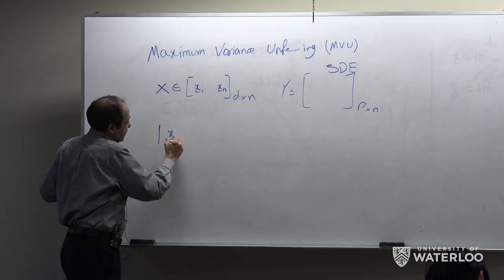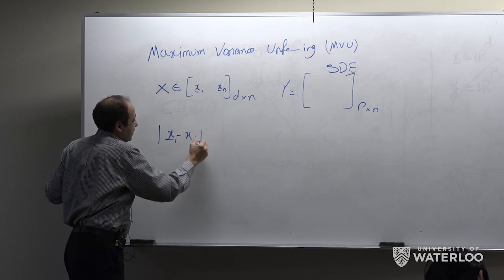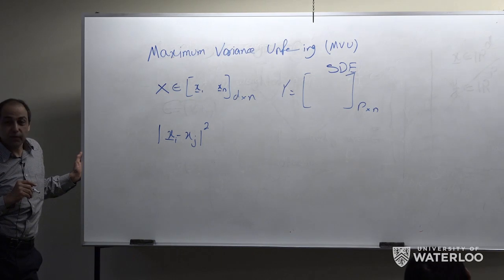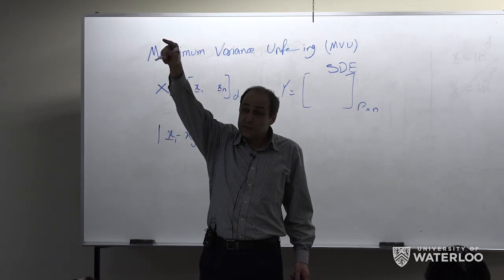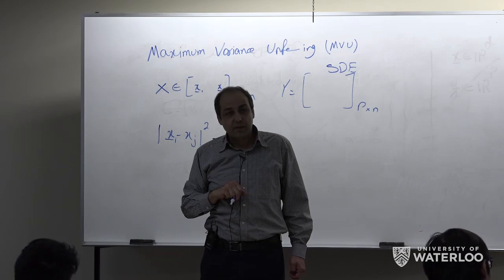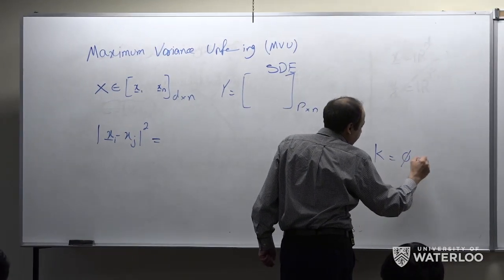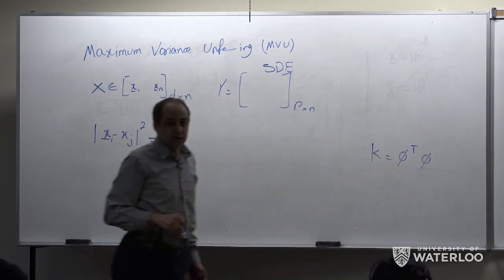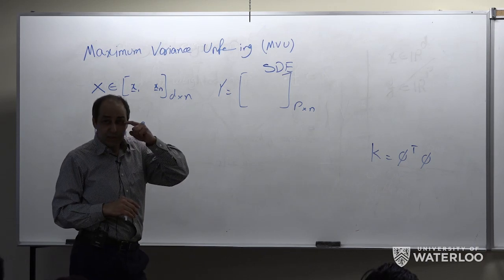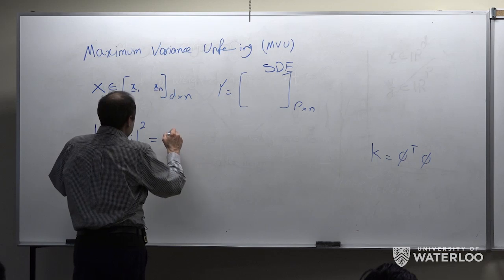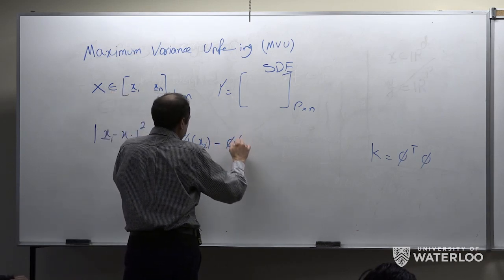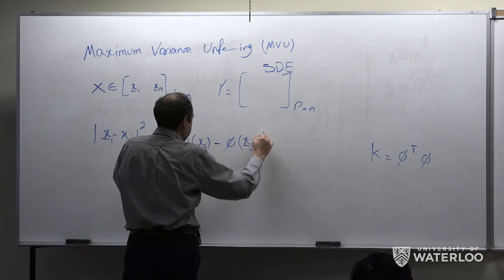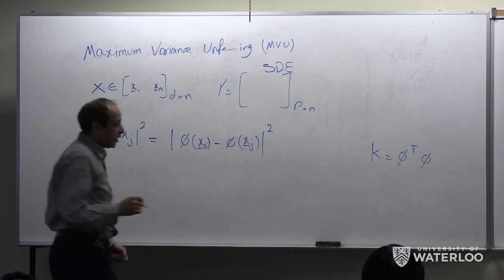If I look at 2 points, xi and xj, and if these 2 points are close to each other, I want their distance in the feature space of this kernel to be the same. Don't forget that each kernel is basically phi transpose phi. I don't know what the phi's are, but the kernel is equal to some dot product in the feature space. So my kernel should satisfy this condition: whatever this phi is, phi xi should be the same distance from phi xj if these 2 points are neighbors.